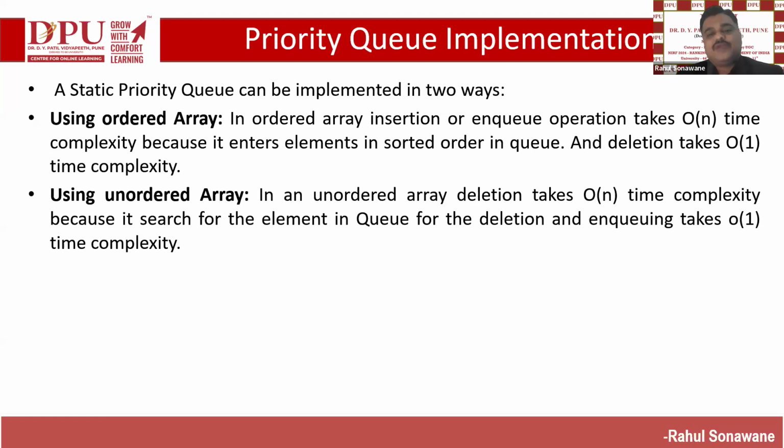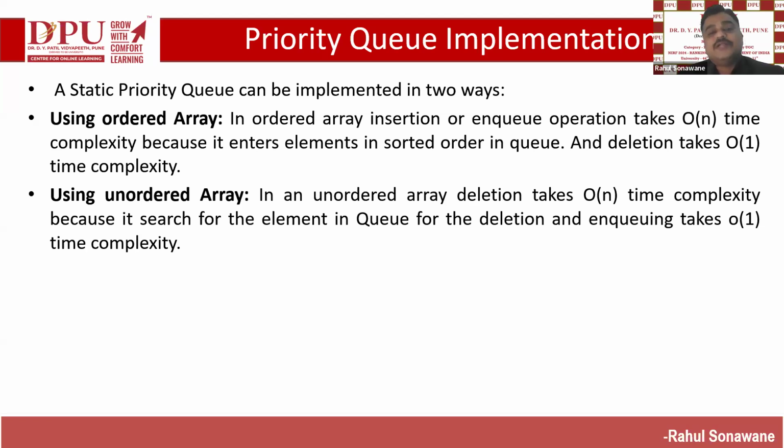Therefore, if we have to perform the insertion operation, it is going to take big O of n time, because we need to iterate up to n elements and reach the particular position where we can insert the new element.